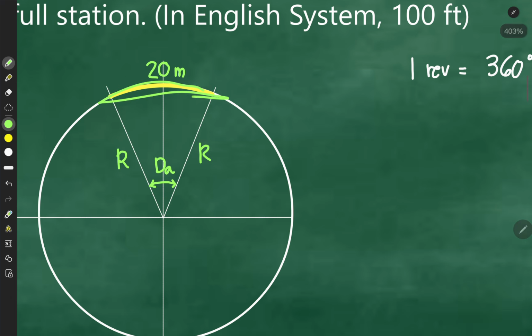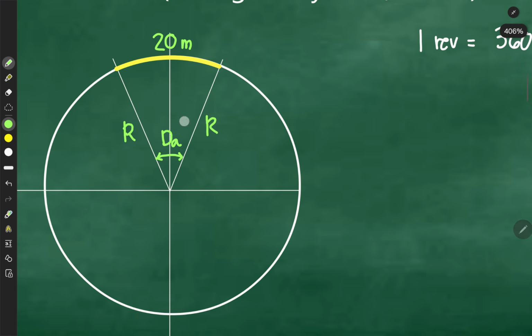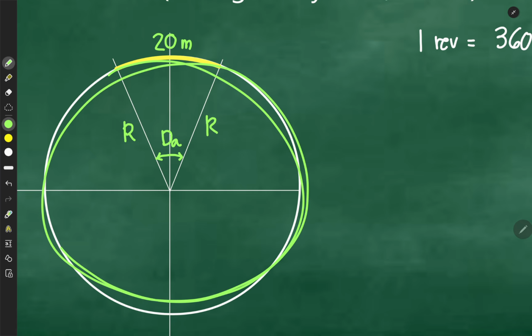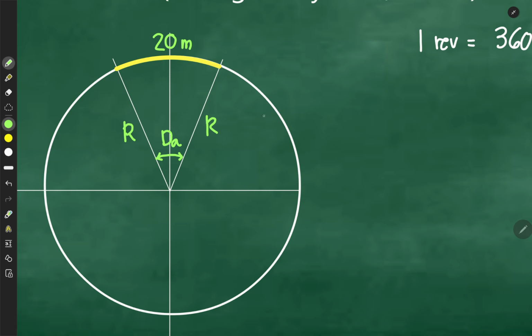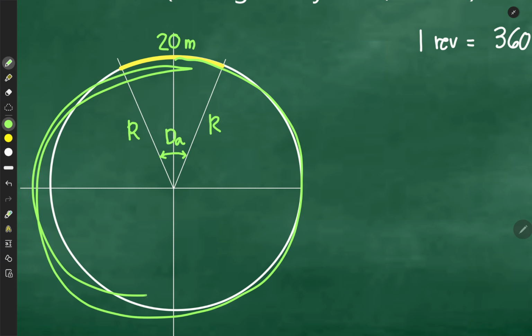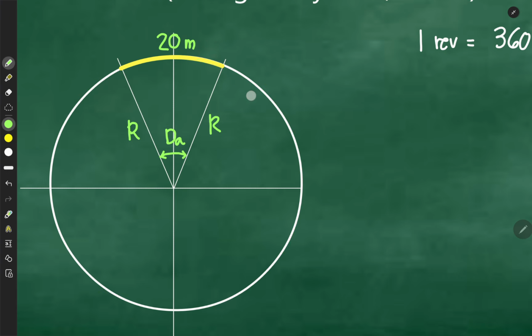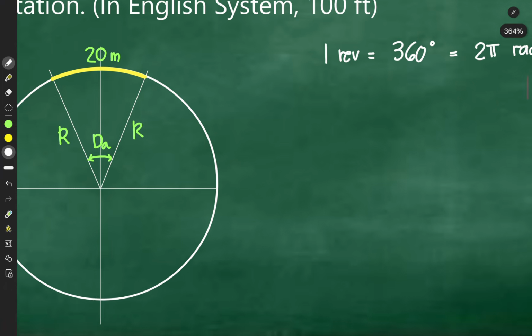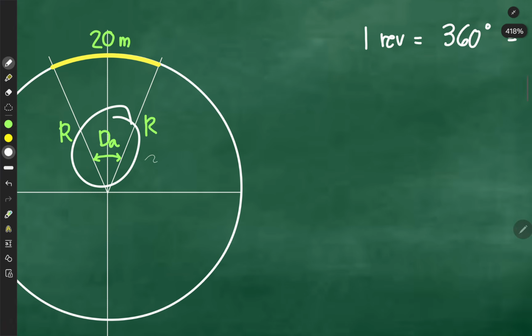If this is 20 meters, i-ratio natin ngayon itong arc sa buong length ng ating circle. Kung maalala ninyo, ano na ang tawag natin dito sa full length of our circle? That is just our circumference. And the circumference of a circle in terms of radius is equivalent to 2 pi r. So, i-ratio natin to ngayon para makakuha tayo ng value for our dA.